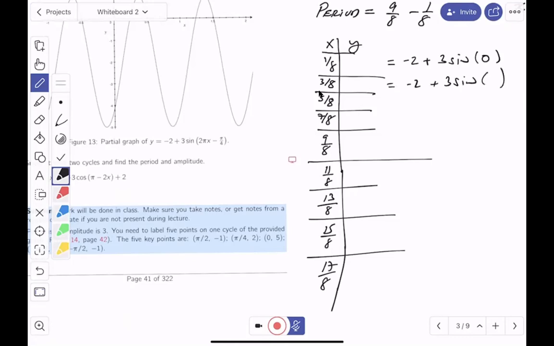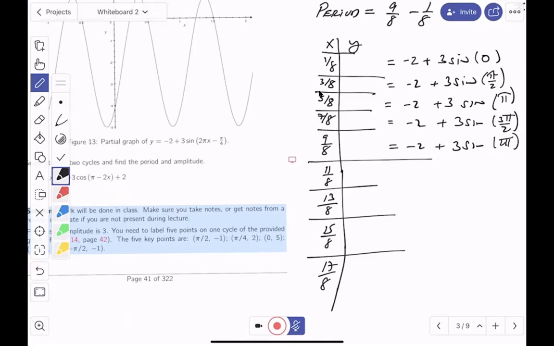If you plug in 3/8, I want to point out where we're plugging in. We're plugging in here. If you plug that in, you get pi over 2. Minus 2 plus 3 sine pi over 2. Well, it's going to give you pi if you plug that in. Minus 2 plus 3 sine pi. Then 3 pi over 2. Yeah, fairly easy numbers to compute with, by the way. Minus 2 plus 3 sine 2 pi.